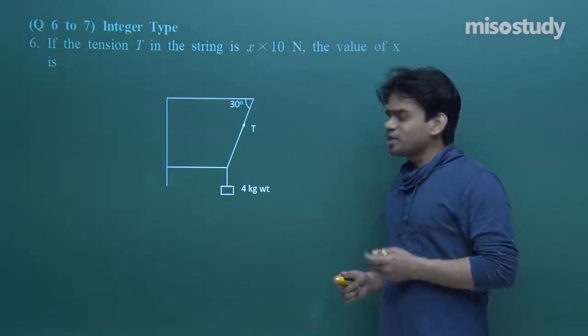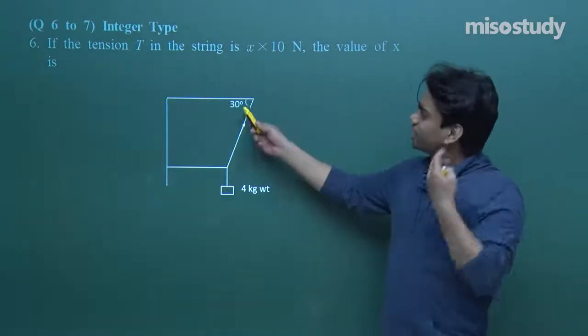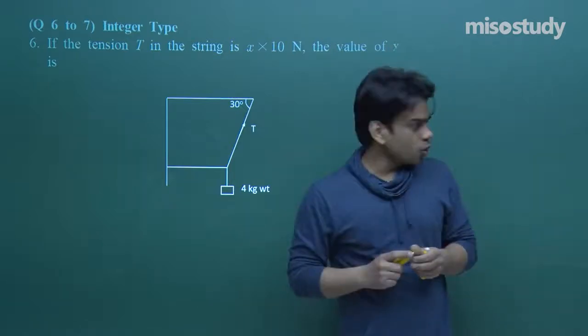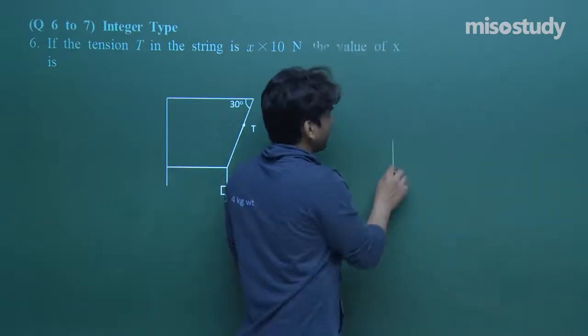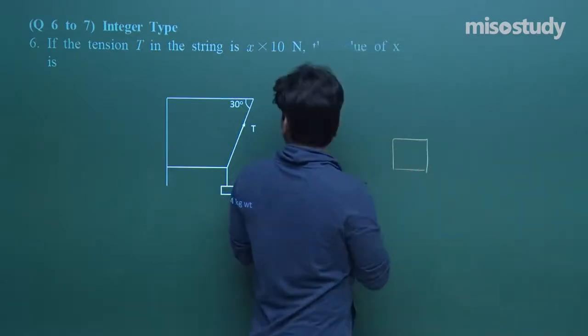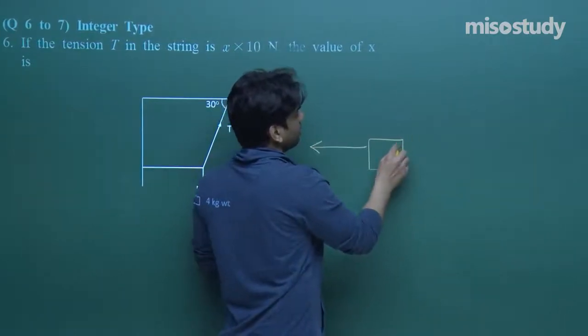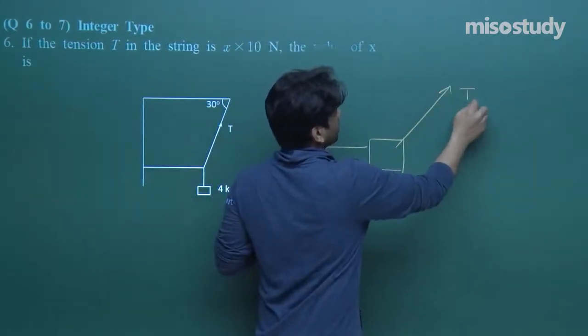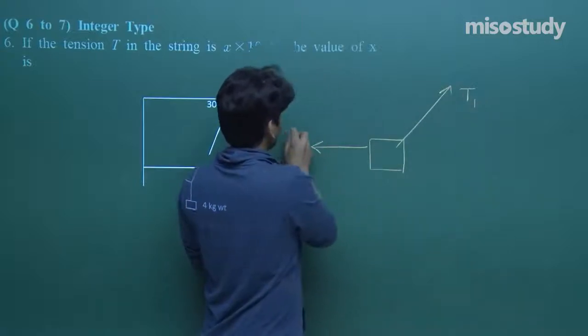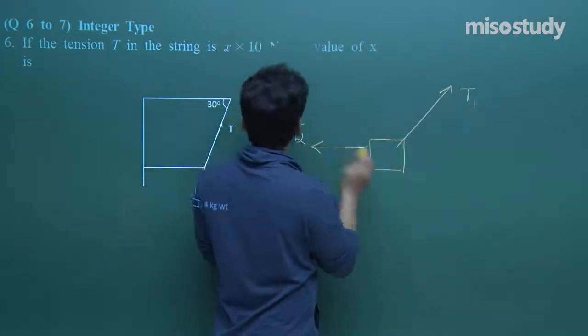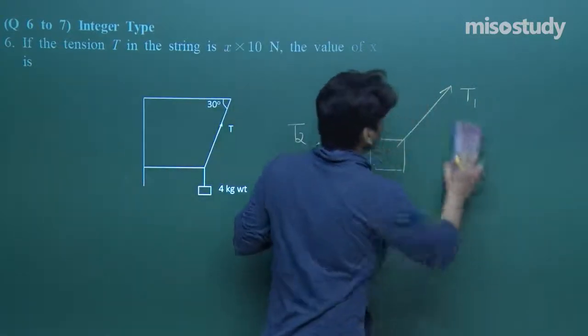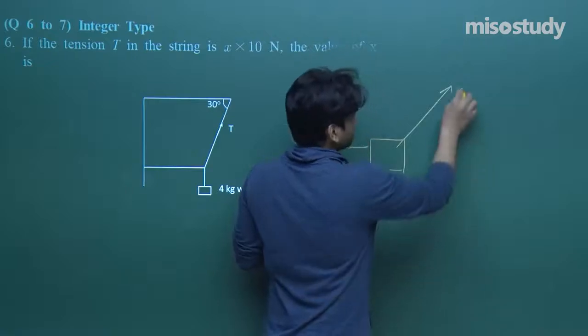First of all, let's talk about the equilibrium. It's given 30 degree here. If I show you the block's free body diagram, one of the string tensions is acting here, let me call this T1, and this T2. We need to find out only T, so I'm using only T here.